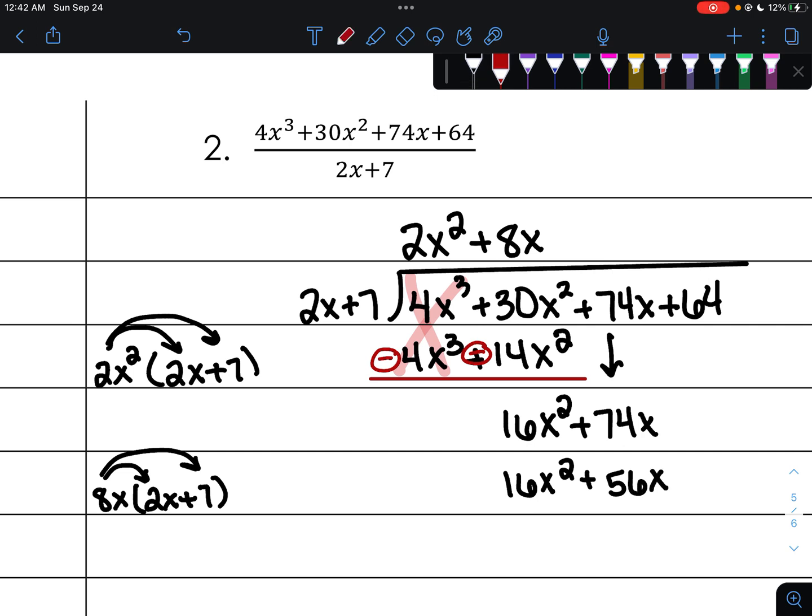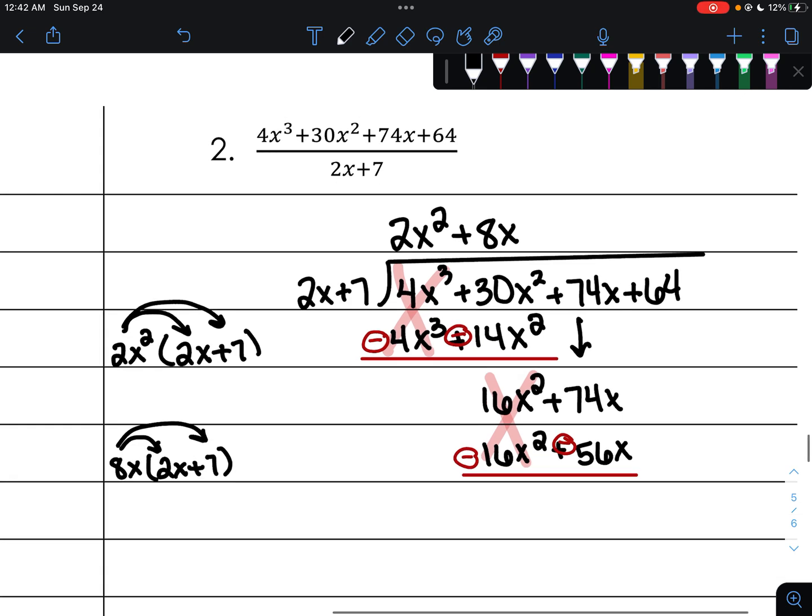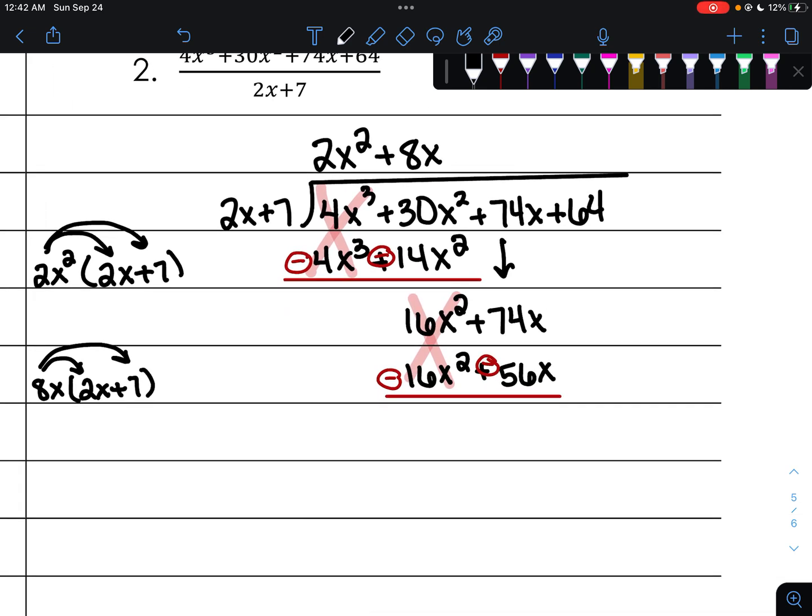From here, draw our line, change all the signs. I see that the 16x squared cancel out. On my next part, 74x minus 56x is 18x, and then I can drop down my next term, which is 64.